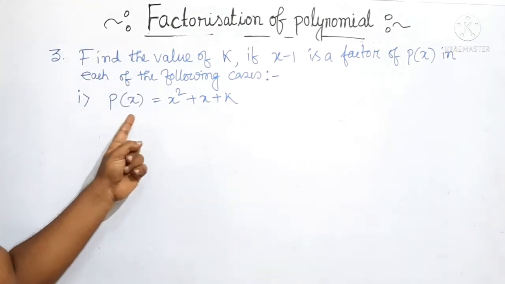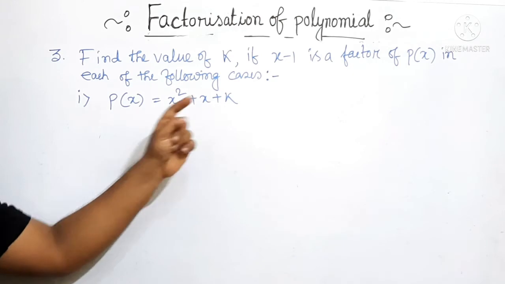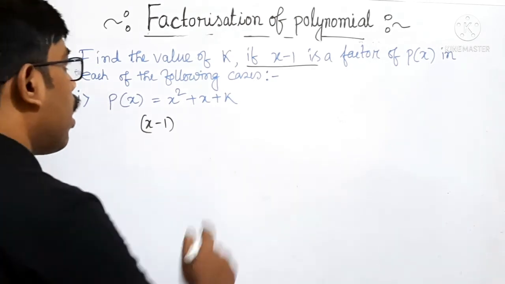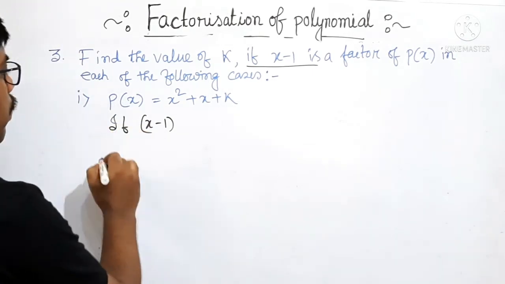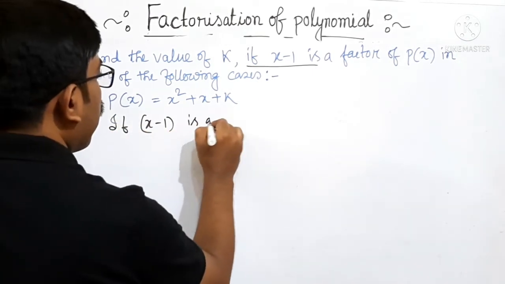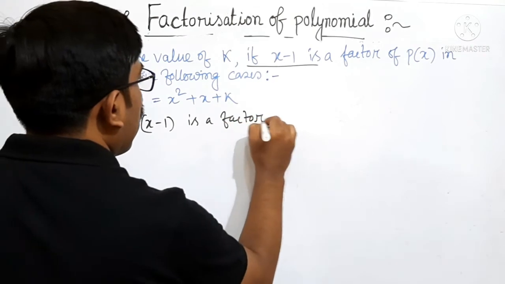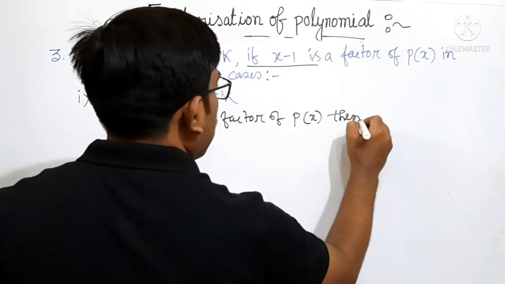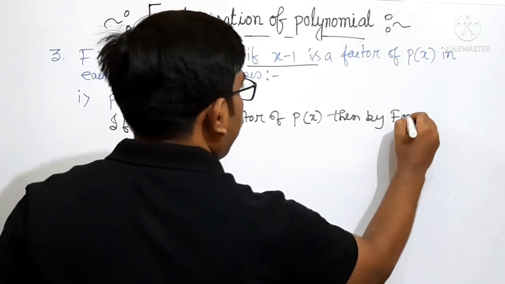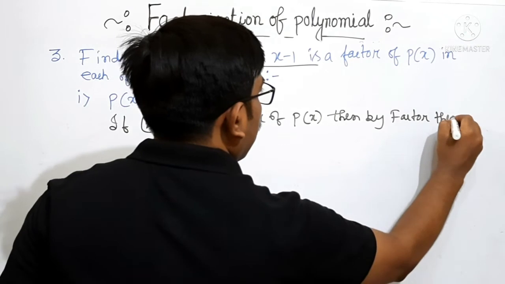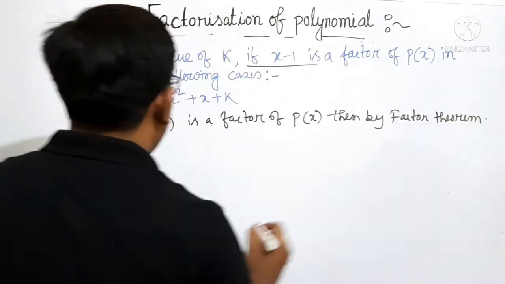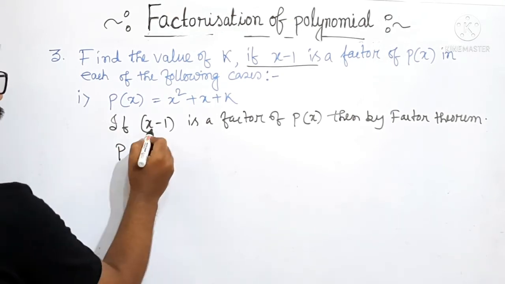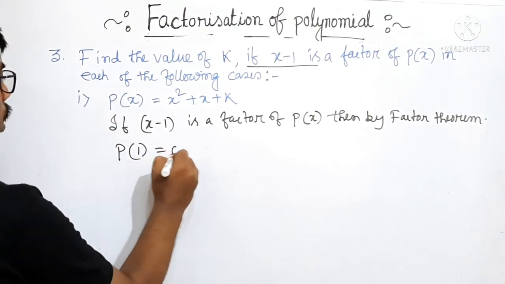Now problem number 1 is P(x) equal to x square plus x plus k. It is given x minus 1 is a factor of P(x). Now if x minus 1 is a factor of P(x), then by factor theorem P of 1 will be 0.